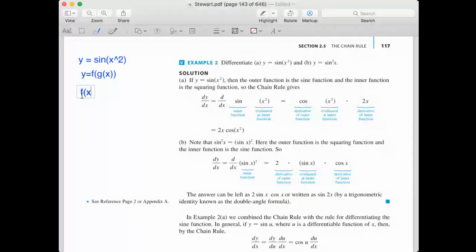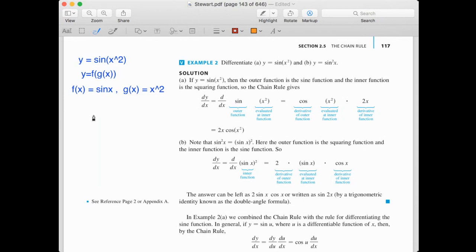So f is the outside layer. What does f do? f says, if you give me input, I'm going to take a sine of it. So the outside layer is sine x. What's the inside layer? The inside layer is x squared, right? So g of x is saying, give me x, I'm going to square it.